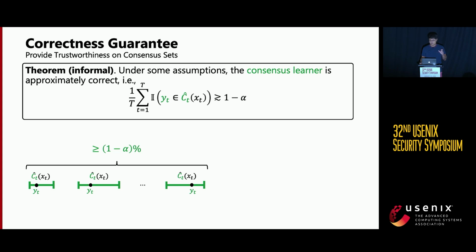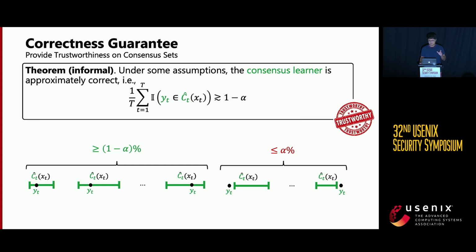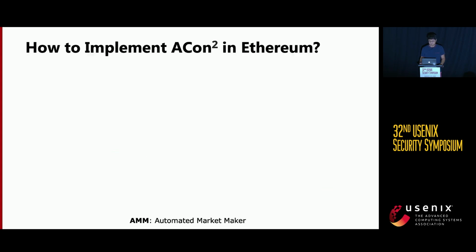That means we can trust this consensus set and its measurement of the uncertainty. However, there are a few cases where it cannot contain the true consensus value, but this is controlled by alpha, which can be arbitrarily small as long as we can feed enough data. And this proof provides us trustworthiness in our algorithm and the constructed consensus set.